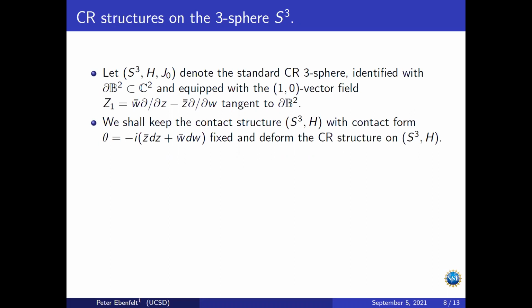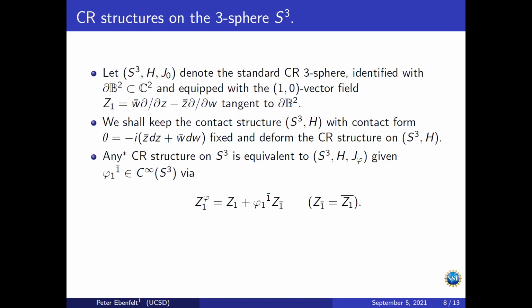It turns out that any CR structure is equivalent to one that corresponds to deforming it within the standard contact structure by a result of Gray. I guess the CR structure needs to be isotopic to the standard one, but we're just going to look at small ones. Okay, and we're fixing a contact form as well. Again, just the standard contact form. And as I said, any CR structure is equivalent to one of this form.